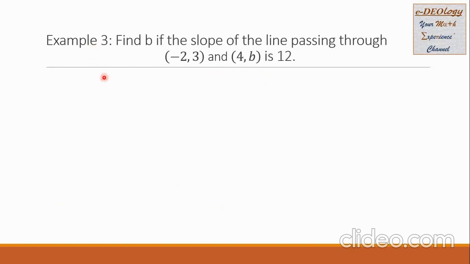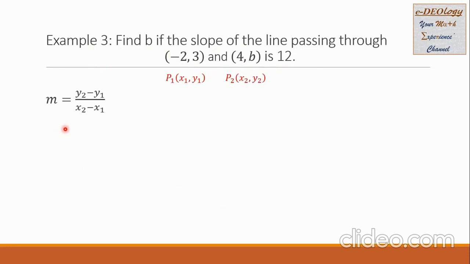Let us have example 3. Find the value of b if the slope of the line passing through (-2, 3) and the point (4, b) is 12. Let us assign P sub 1 and P sub 2 respectively. Then we will write our slope formula.